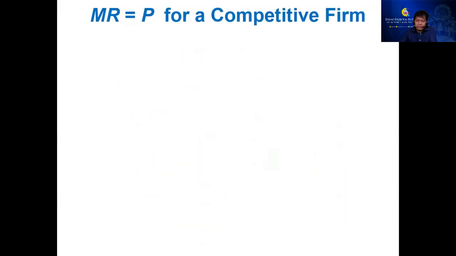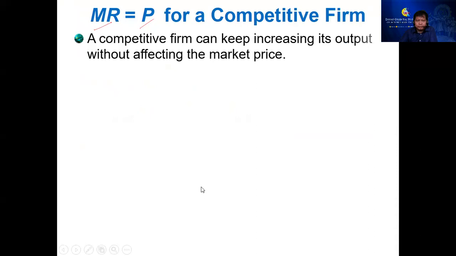Okay? So that is why in a competitive firm, the marginal revenue is equal to the price. It means the addition to sales from each additional unit of product sold is equal to its price. So a competitive firm can keep increasing its output without affecting the market price.